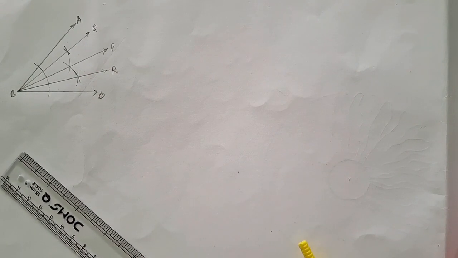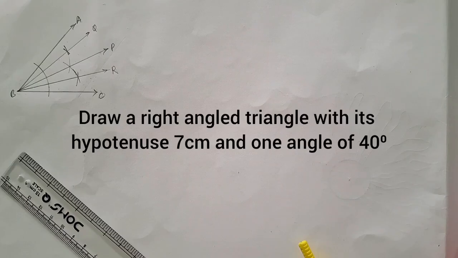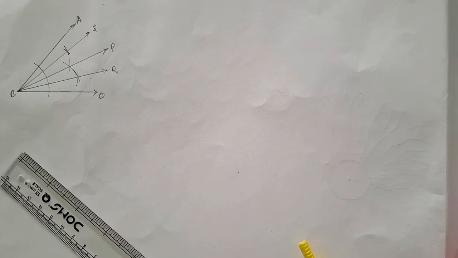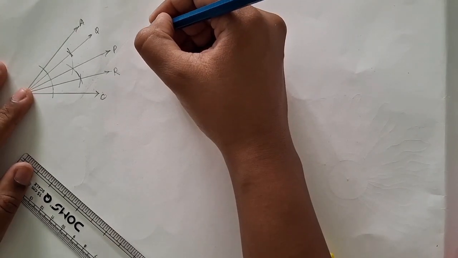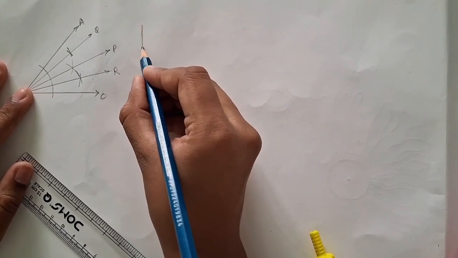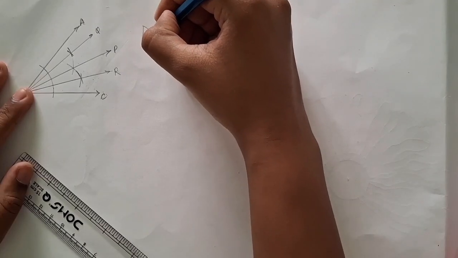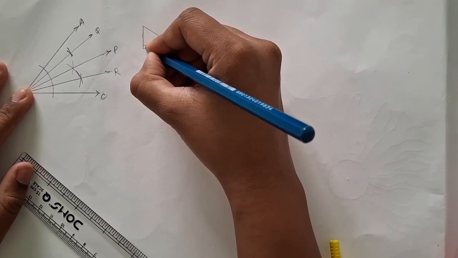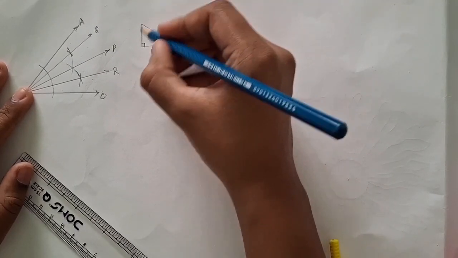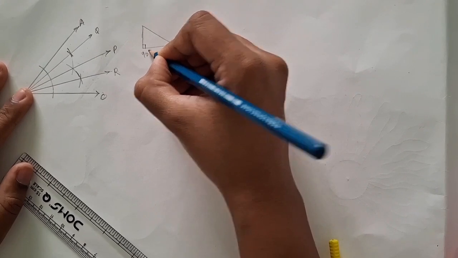Next part is construction of right angle triangles. Question says, draw a right angle triangle with its hypotenuse 7 cm and one angle of 40 degree. So as we know that right angle triangles are such that they have one of the three internal angles measuring 90 degree.